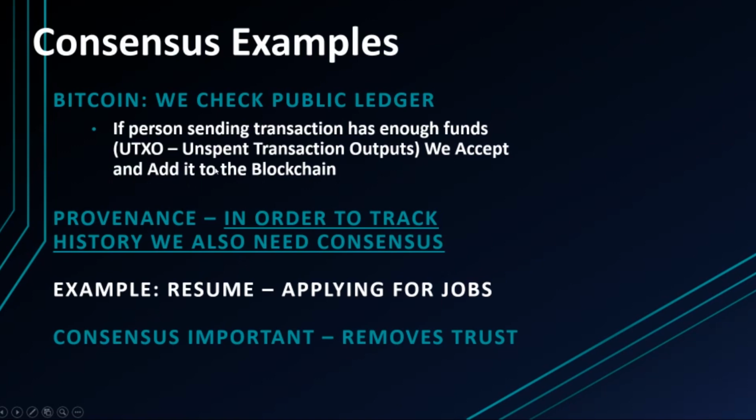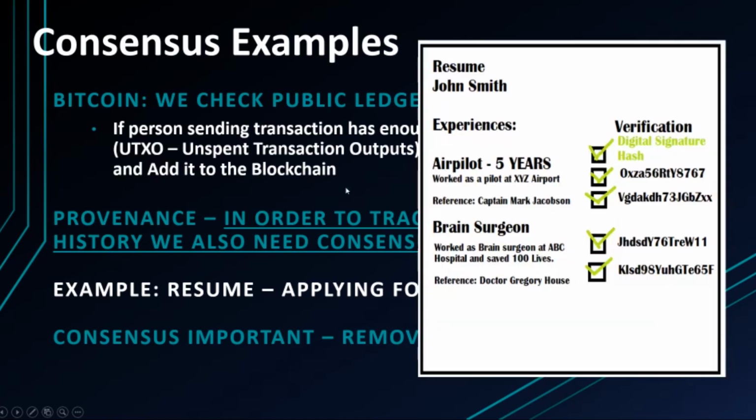For an example with provenance, in order to track the history of anything, the history of transactions or the history of a product or good, we also need consensus. Provenance does not work without consensus. So this example here has a resume from John Smith, and we pretend this is a digital resume that is connected to the blockchain.